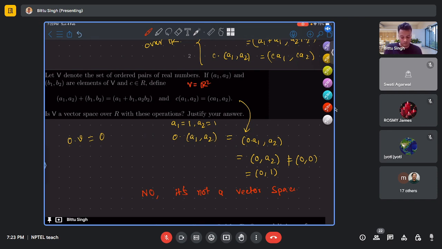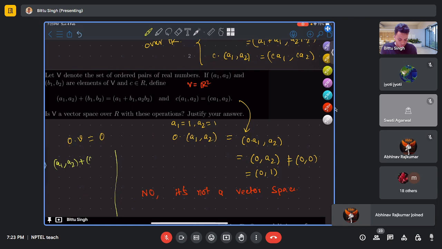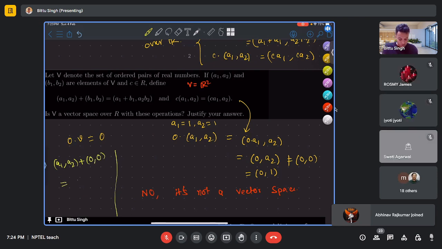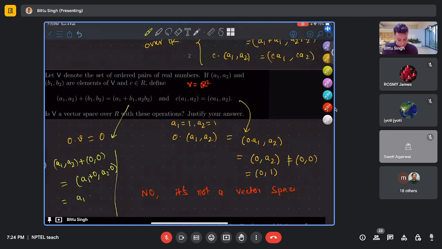Moreover, it will not even be an abelian group, because what you can see is that adding a1, a2 with 0, 0, by this definition, gives a1 plus 0, comma a2 into 0. This is same as a1 comma 0.